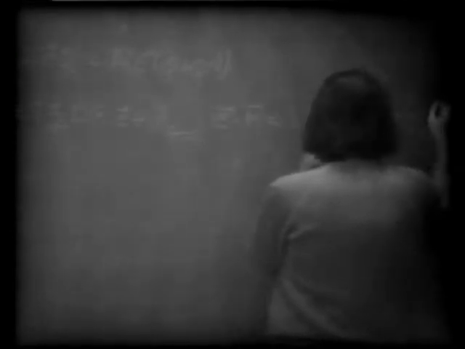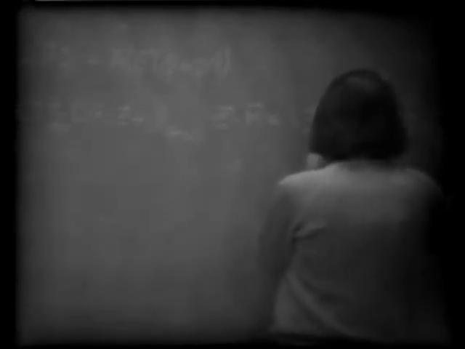And e dot M equals i d by d phi of D(A(e, phi)) evaluated at phi equals 0.